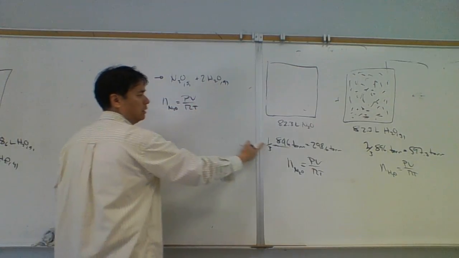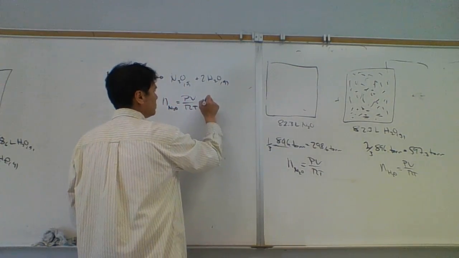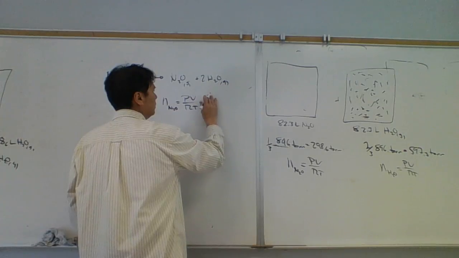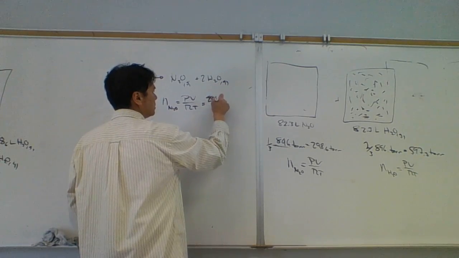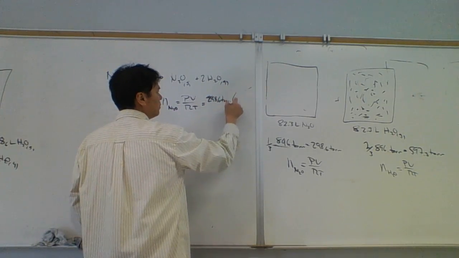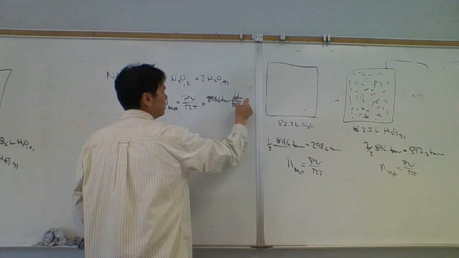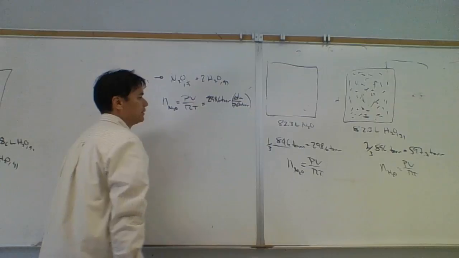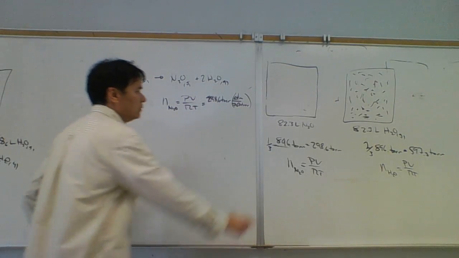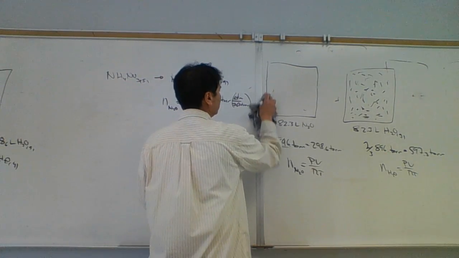Now the pressure, we said, is going to be 298.6 torr. And then we're going to convert that to atmospheres. 1 atmosphere is 760 torr by definition. And then the volume is going to be 82.3 liters.